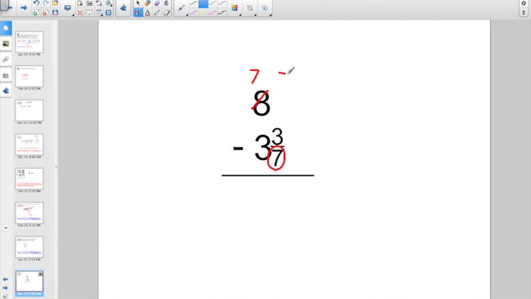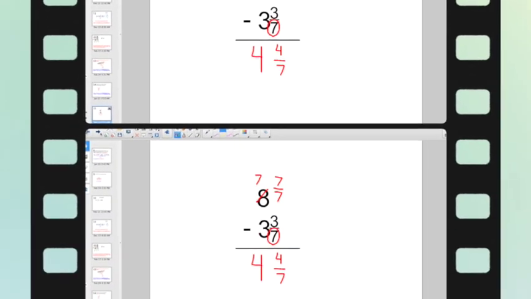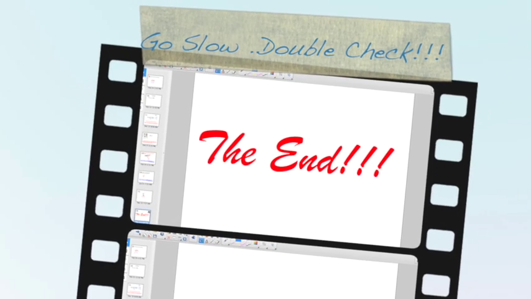So if I want to write 1 whole as a fraction, I'm going to write it as 7/7. Now I can subtract 7/7 minus 3/7. That's going to give us 4/7, right? Over to the whole number side, 7 minus 3, that's going to give us 4. It's about that easy. And that is the end.